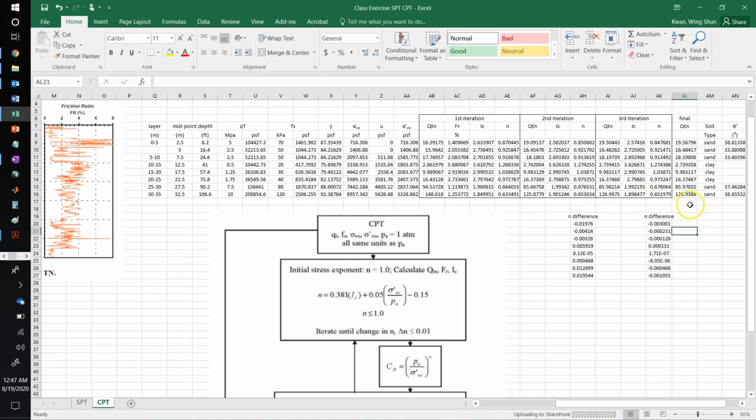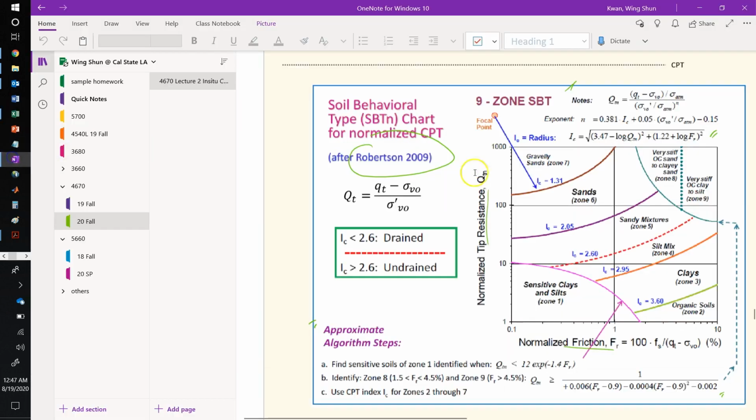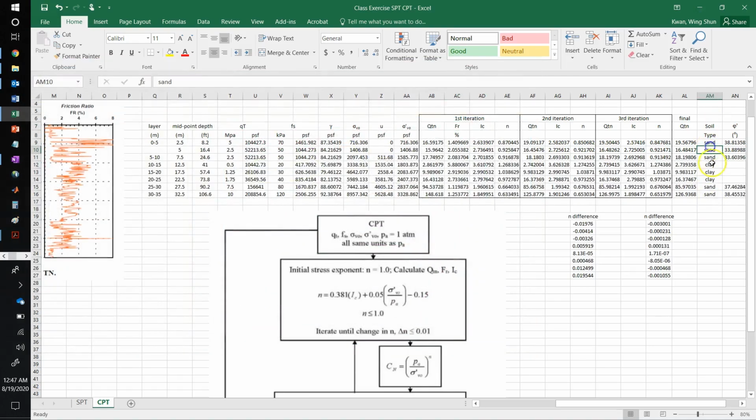So with all these numbers, I can know the Q sub TN and also the F sub R. If I go back to the chart, I know the Q and the F, and the combination from this Robertson chart will tell us whether this is a sand or clay material.